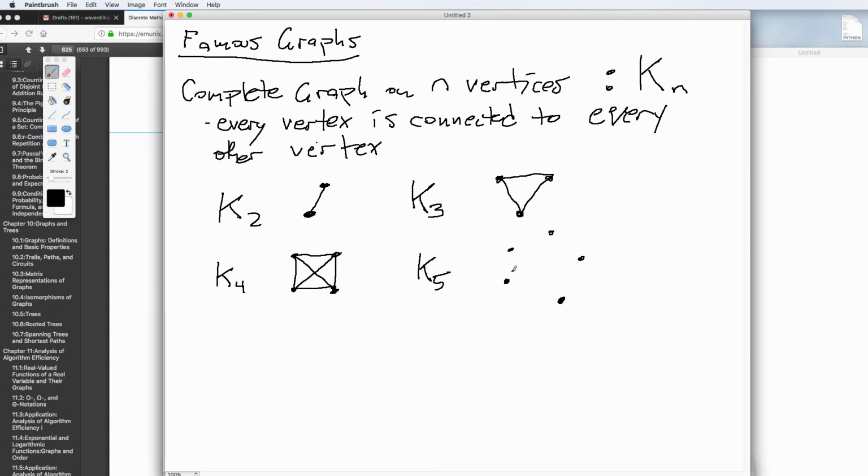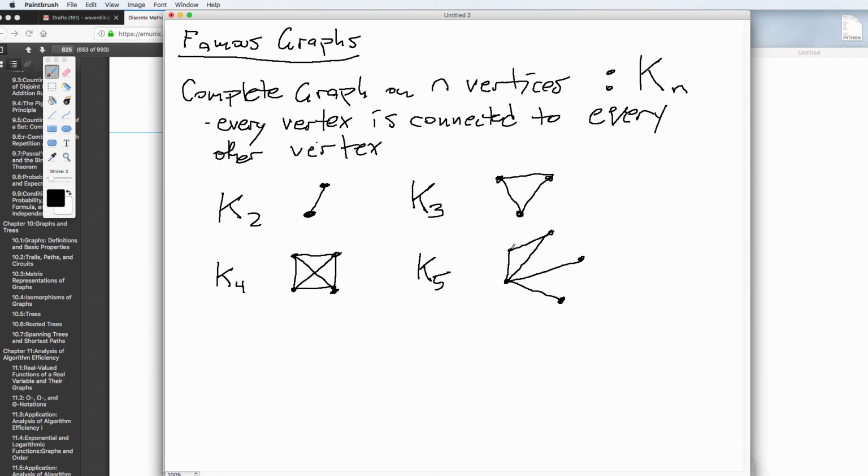I want you to notice something because we're going to come up with a theorem in a second. There are 5 points here. So if I'm over here, I have to connect this to 4 other points. Now I have to go to this one over here. Well, this one's already connected here, so there are 3 remaining points to connect this one to.